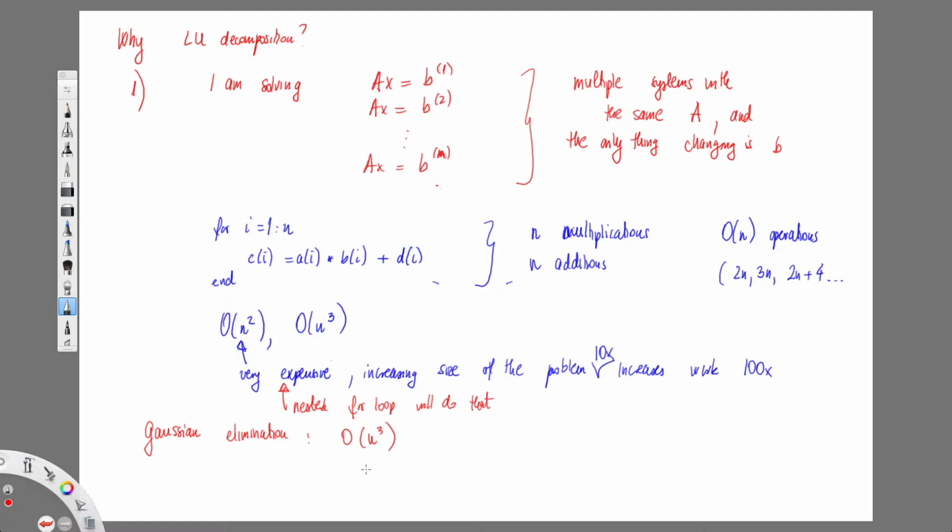LU decomposition helps by doing the most expensive part only once.